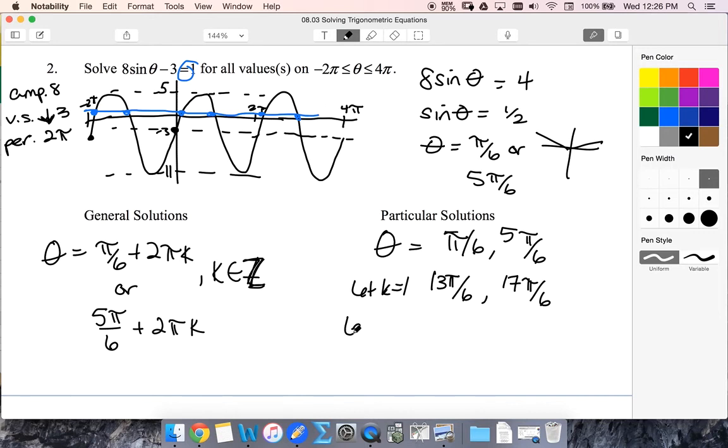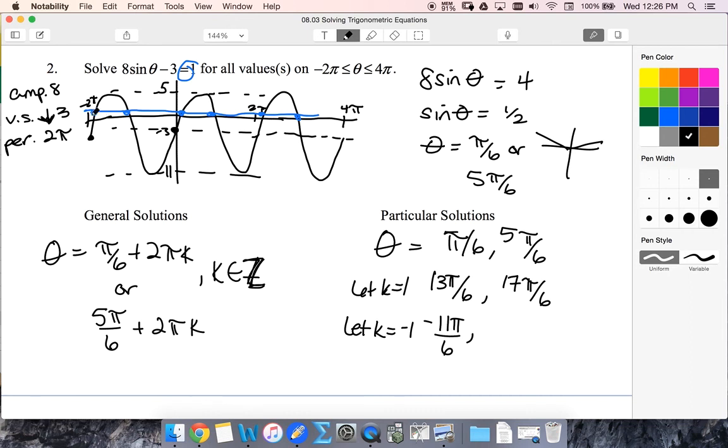Now I'm going to let k be -1. Pi over 6 minus 2 pi. That's -11 pi over 6. That's going to be this one.